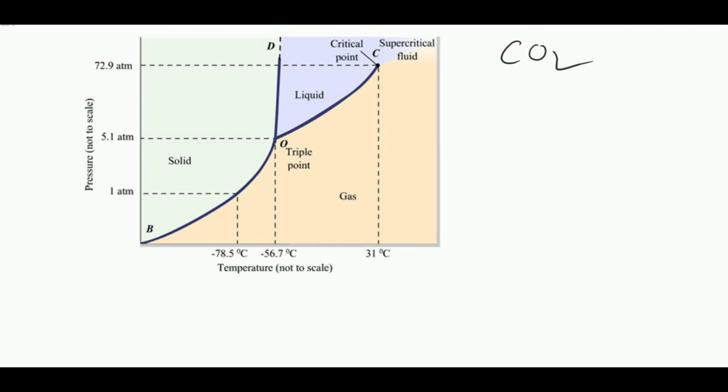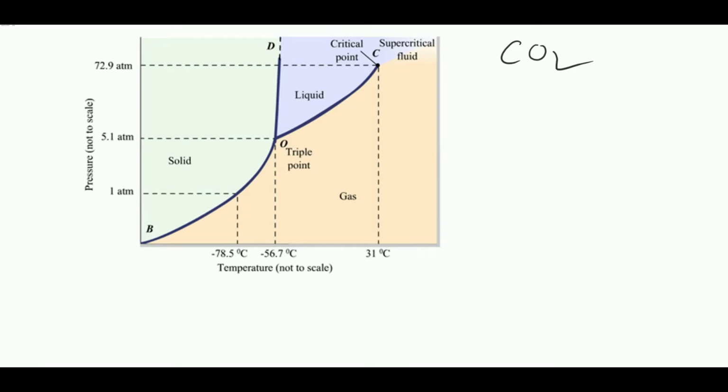We can see that when the pressure is 1 atm, the graph cuts the line OB with temperature minus 78.5 degrees Celsius. This is known as the transition point, when at this temperature the solid carbon dioxide gets converted into the gaseous carbon dioxide.